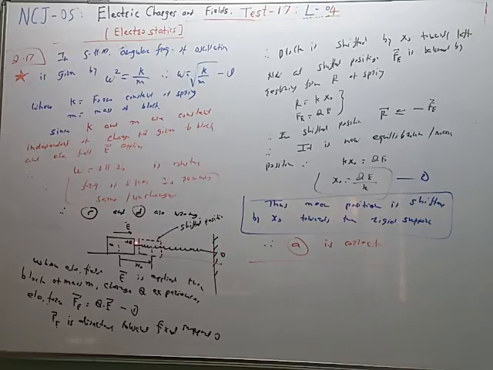So, whether the charge is given plus q or minus q, whether the electric field is in this direction or in the reverse direction, both the results are same. There is no change in frequency because no change in spring, no change in mass. So, for a given spring, k is constant, mass is constant. Therefore, omega is equal to 2 pi nu 0 is equal to constant. So, no change in frequency, but mean position is shifted towards rigid support or away from the rigid support. So, these are the results like this.